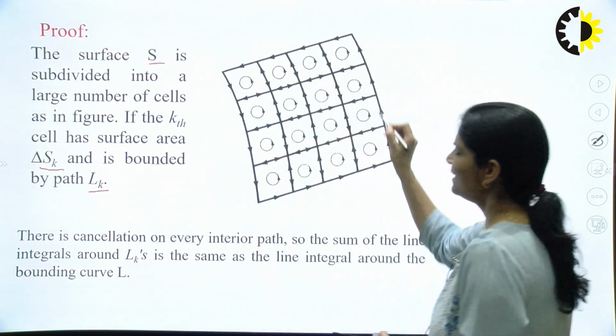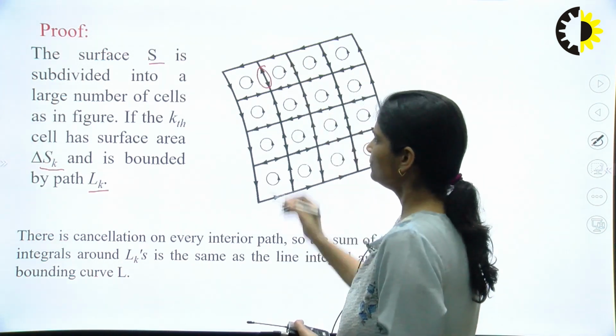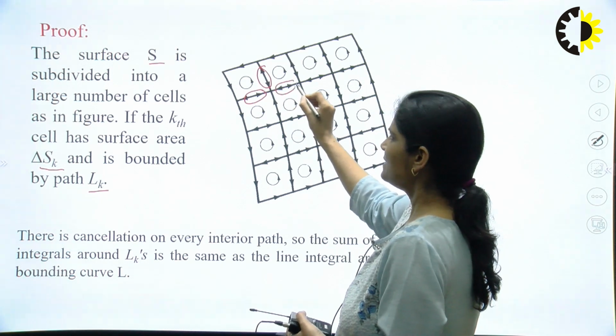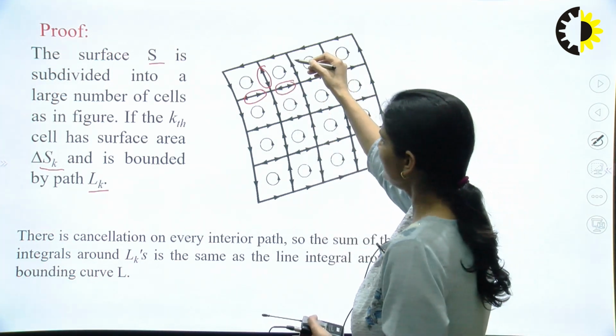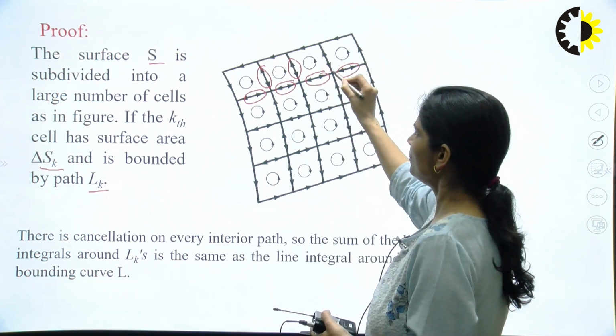Now you can see at the interior side, these cancel out, these also cancel out, and here these cancel out. So at the interior side you can see these cancel out to each other.